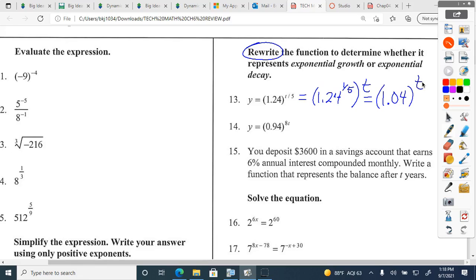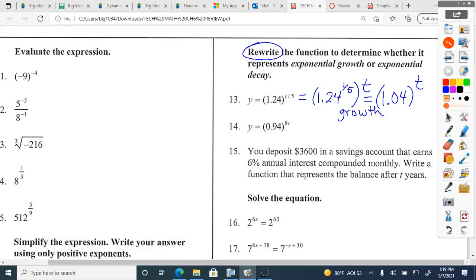Okay? Michael, put that up, please. We have rewritten it. Now, is that growth or decay? Growth. That is growth. And by how much? It's 4%, but it doesn't ask us on that one. Okay? So I was just asking just to ask. So that is growth, and it's 1.04 to the t power.